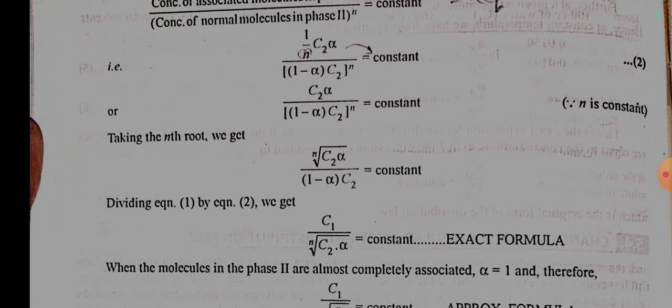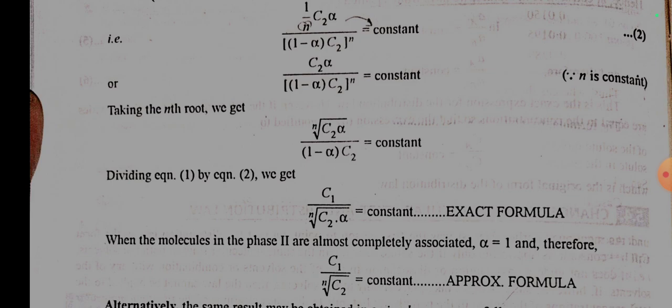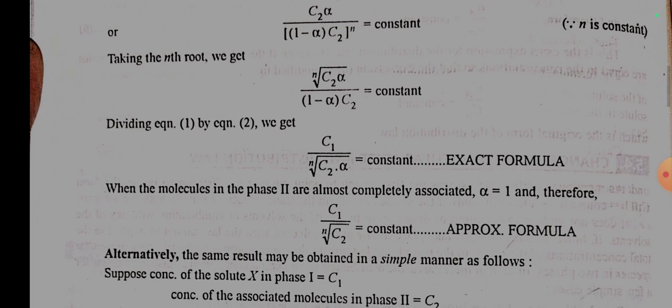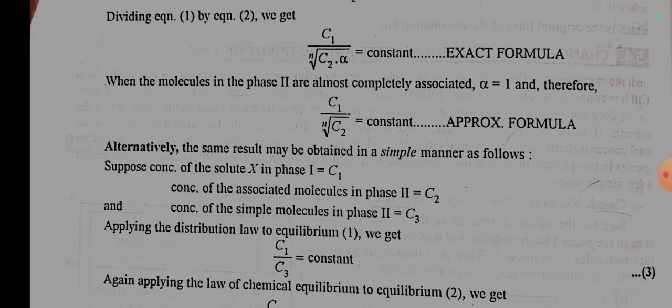Taking the nth root, we get (C2α)^(1/n)/((1 − α)C2) = constant. Dividing equation 1 by equation 2, we get C1/(C2α)^(1/n) = constant. When the molecules in phase 2 are almost completely associated, that is α = 1, therefore C1/C2^(1/n) = constant.